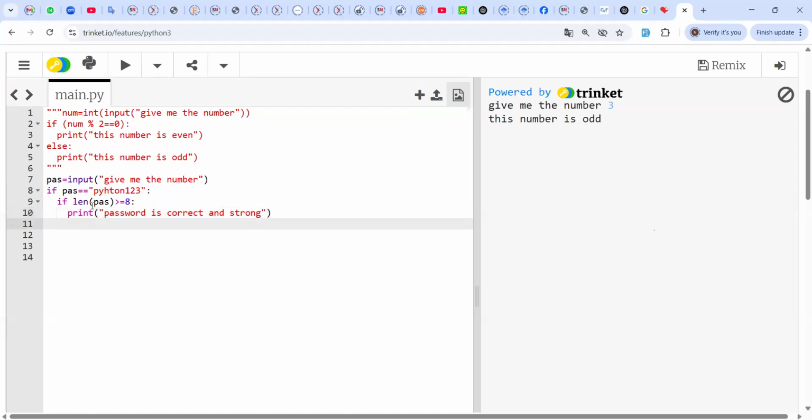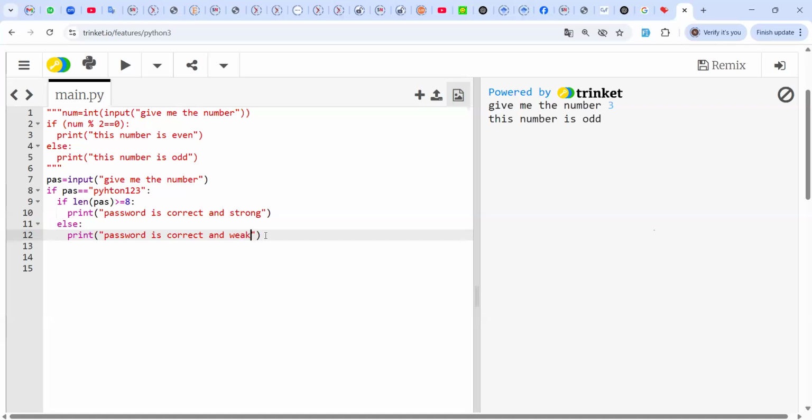Now, else. Else means the opposite of this test, the opposite of this operator. The opposite of greater or equal is less than. That means this password is correct, but it's not strong. Is correct and weak.